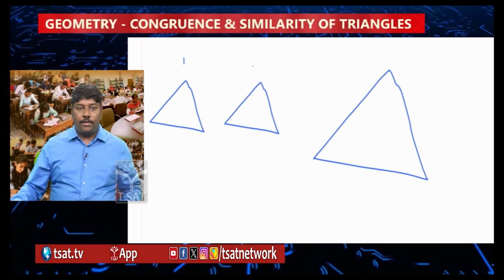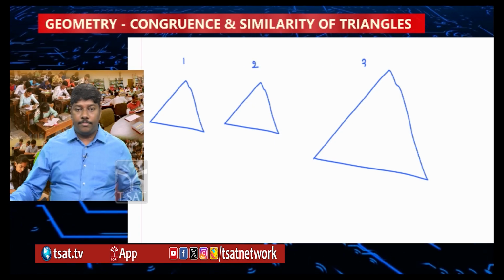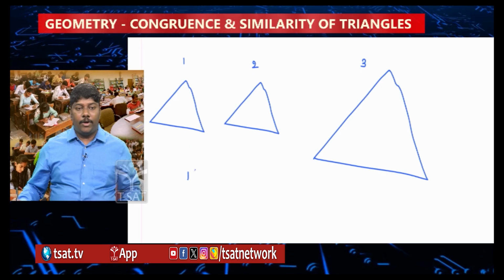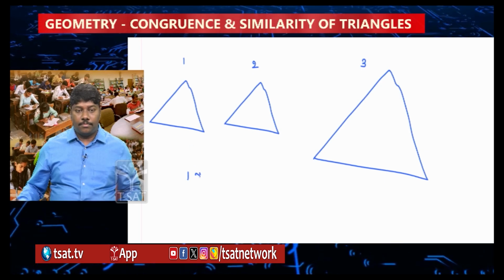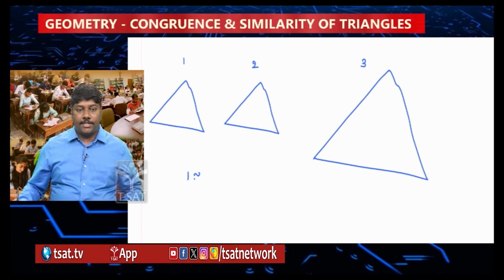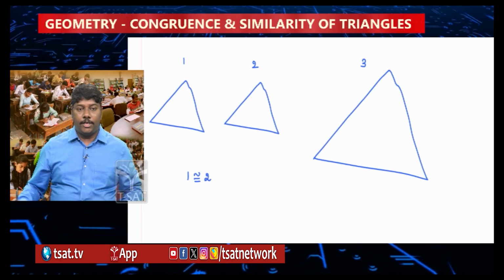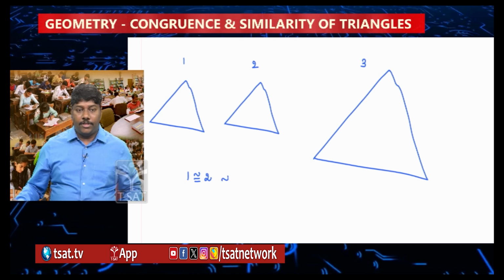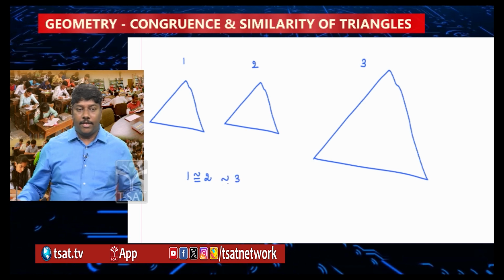Let's say triangle 1, triangle 2, triangle 3. Triangle 1 and triangle 2, I have not even changed the size of the triangle. So triangle 1 and triangle 2 is what? Congruency of triangle. Now for these two, triangle 3 is similar.